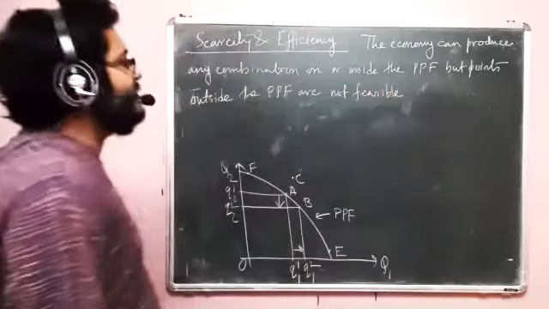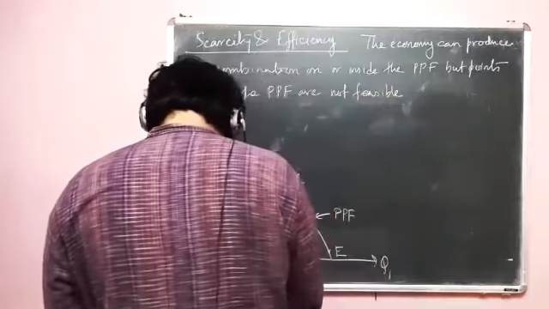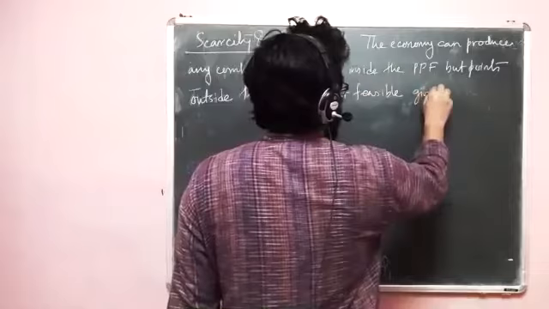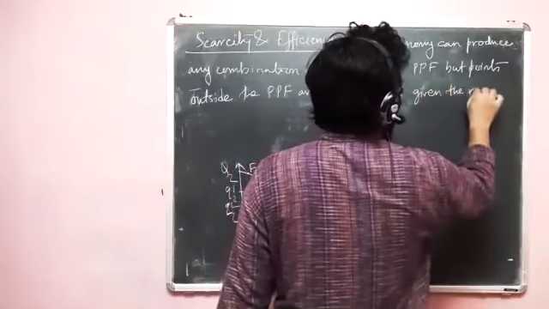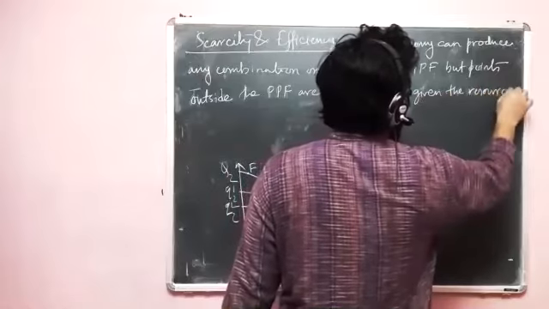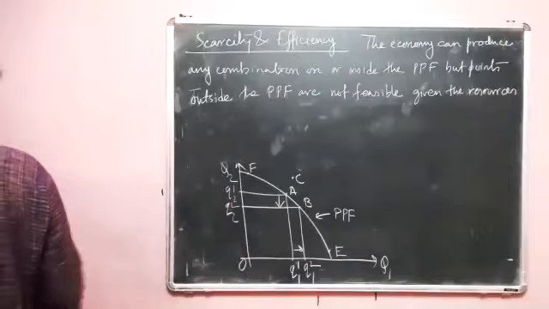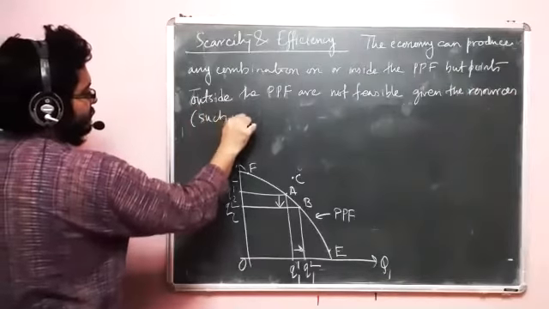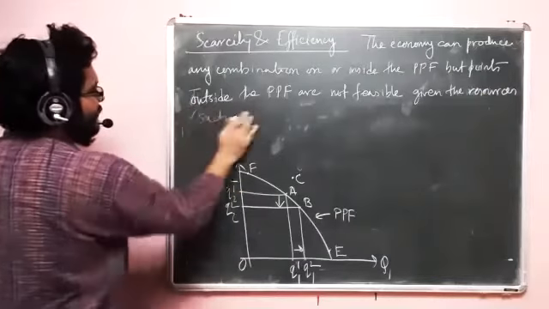Feasible means you cannot reach them. So they are not feasible given the resources. Okay, we'll write that separately.